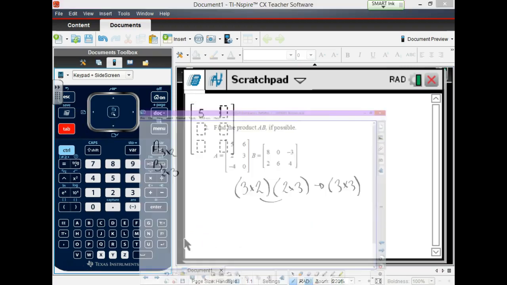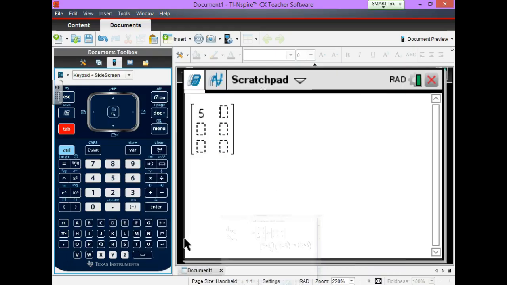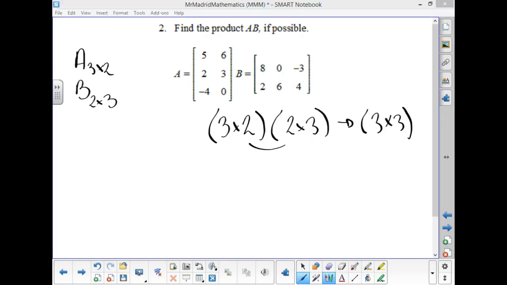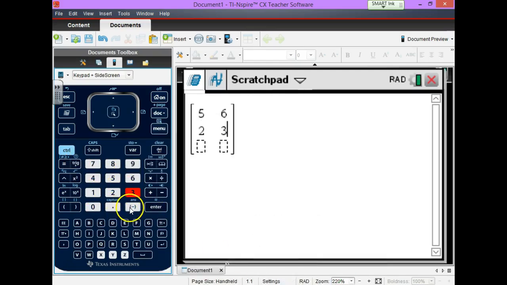It'll take me to the next one, so I'll go that way. 5, 6, 2, 3, negative 4, tab, 0.